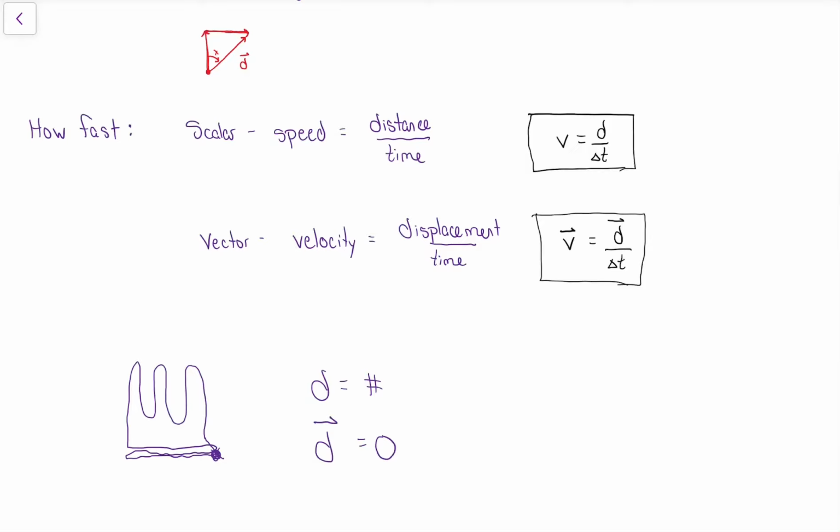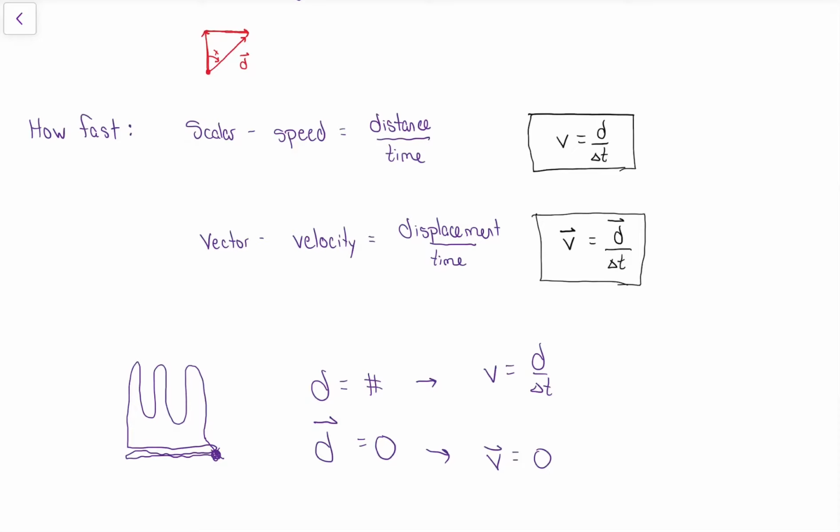I ended up exactly where I started. From the distance, I could find my average speed of walking around. I'd have to take that distance number and divide by however many seconds I was walking for. But when I find the average velocity, when I take my displacement number, the displacement number in this weird case is a 0. So I'd end up that overall I've got an average velocity of 0 if I ended up back where I started.